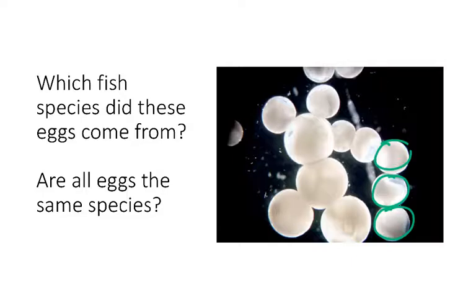When I was an undergrad, one of the projects I worked on was sorting fish eggs and doing molecular identification of fish eggs. You get a vial of fish eggs, like what's shown in this picture here, and they ask you to sort them into vials based on species.